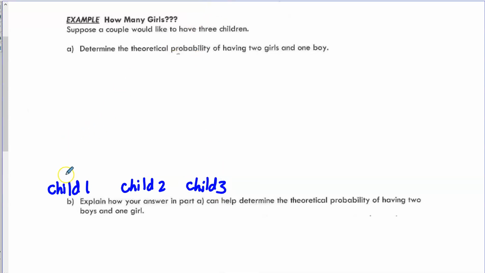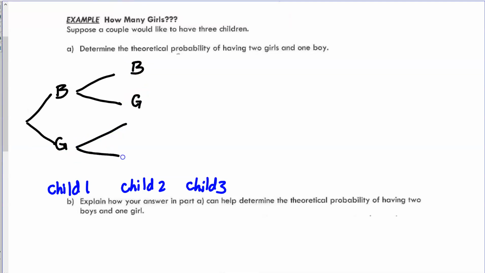So when you have a child, it's pretty much 50-50 whether you get a boy or a girl, right? So our first branch of our tree diagram is a boy or a girl. After that, your second child, if you have a boy, again, you could have a boy or a girl. If you had a girl, your second child could also be a boy or a girl.